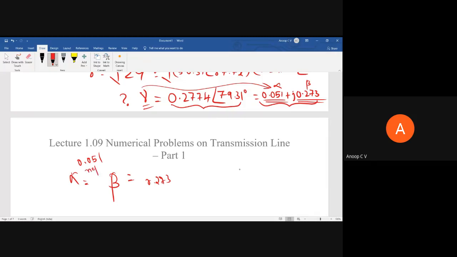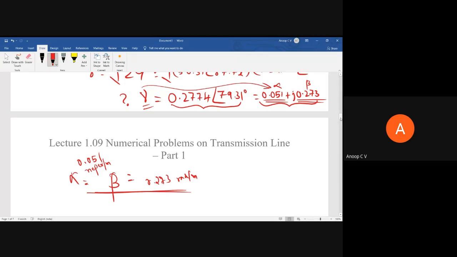The unit of alpha is Napier per meter and the unit of beta is radians per meter. Please remember that as well. Please write units for your exams, as at times they may reduce half marks for not writing units. So that is about alpha and beta.